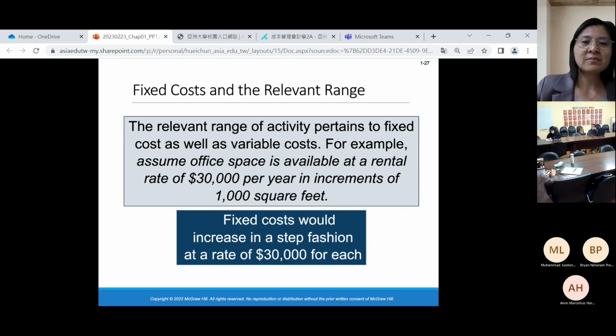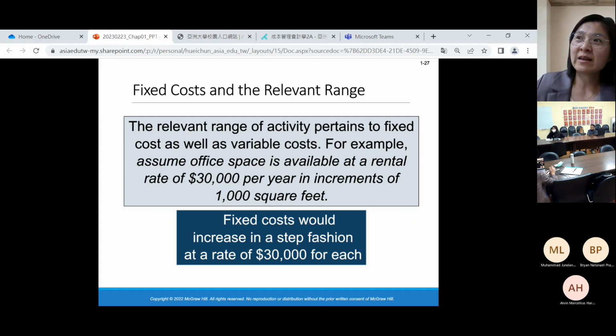Let's take an example. Assume office space is available at a rental rate of $30,000 per year in increments of 1,000 square feet. If you just use half of it, you still have to pay 30,000. If you don't use it, you still pay 30,000.